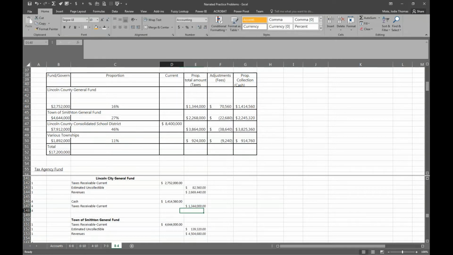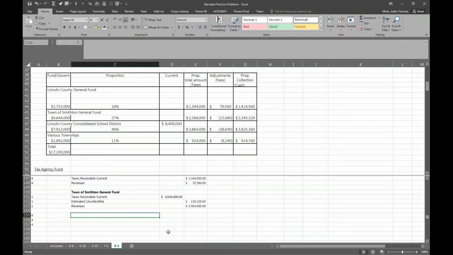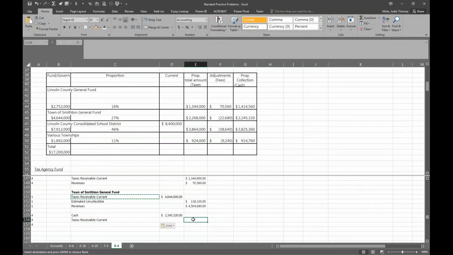We're reducing that receivable, and we're also recognizing some revenue from the administrative fees that are coming over from the agency fund that we collected from all those other governments. Now let's do the Smithton General Fund. We're going to record the cash we received, which is 2245320, and we're going to credit our receivable for the portion that we collected, which is 2268.